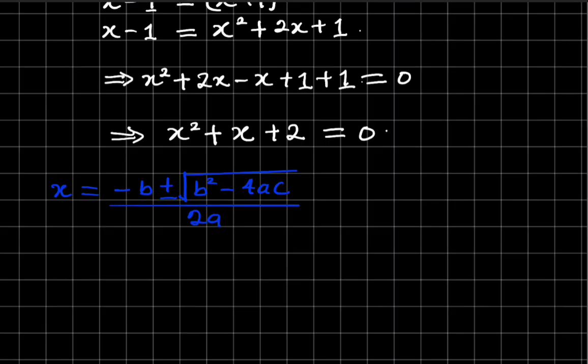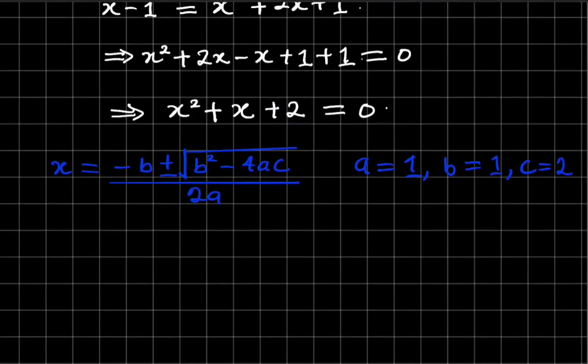In this case, our a is 1, the coefficient of x squared. Then our b is also 1. And finally, c is equal to the constant term there, 2.